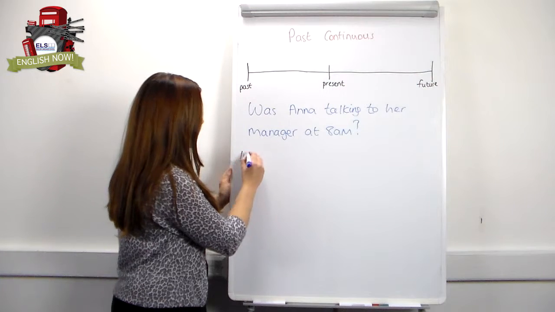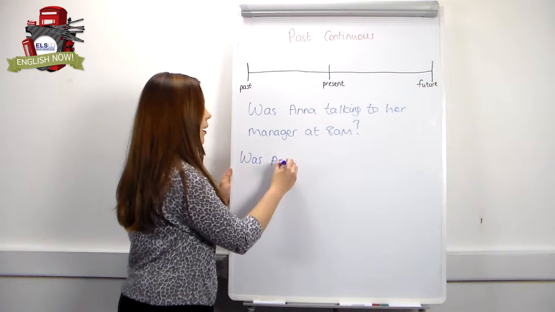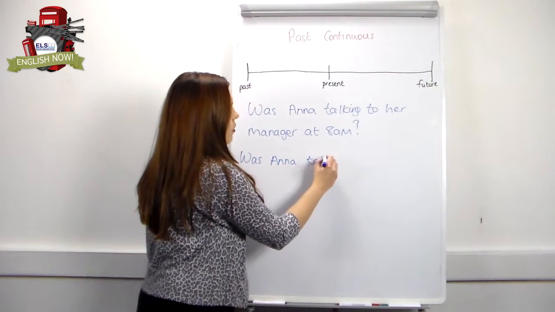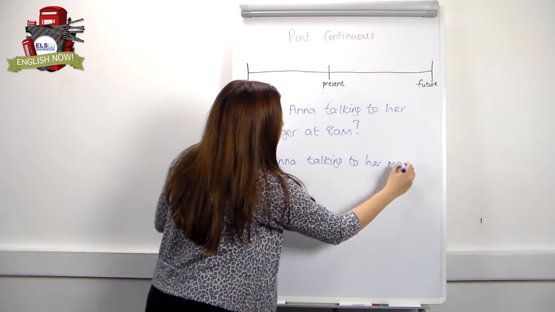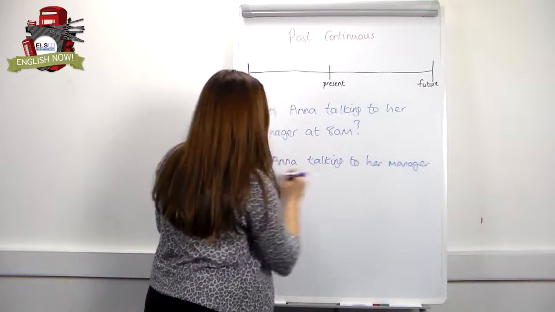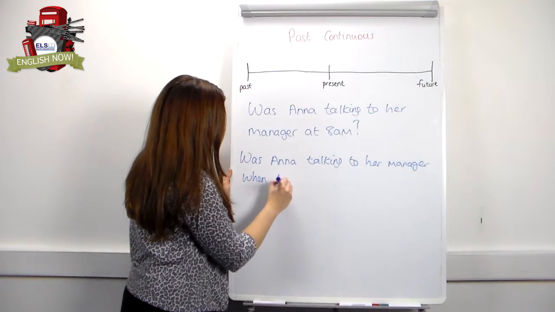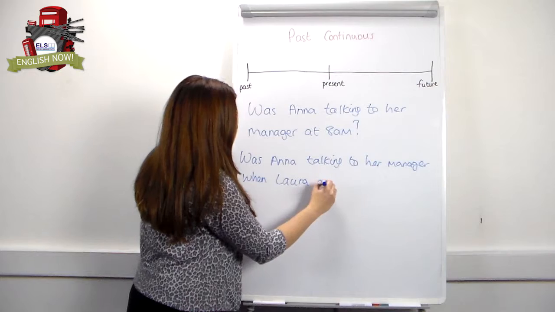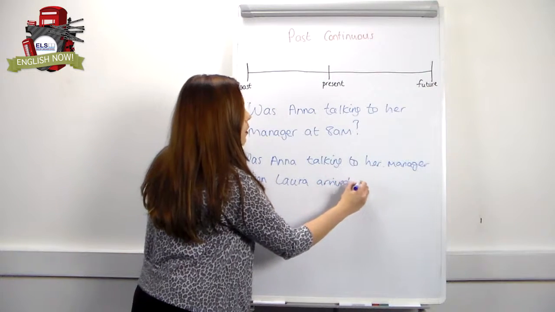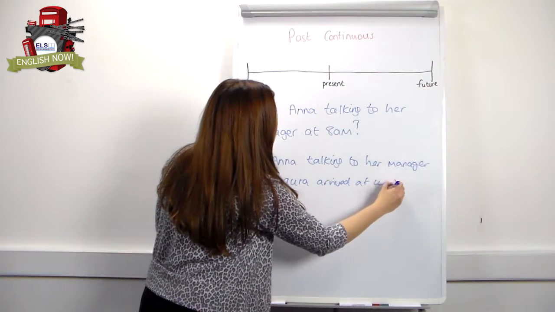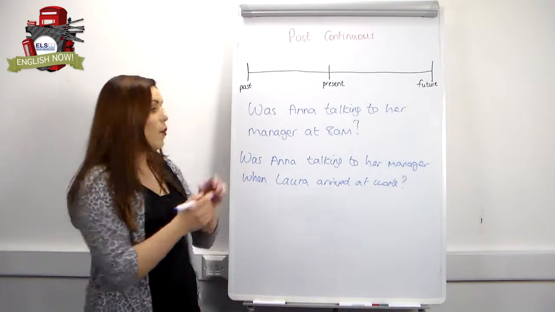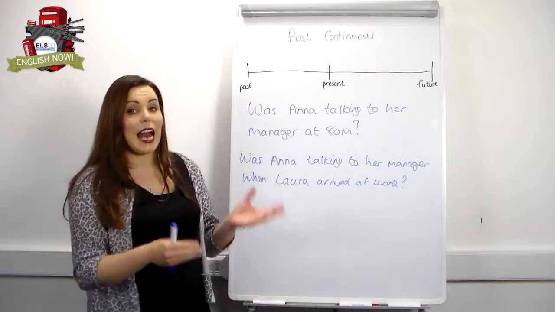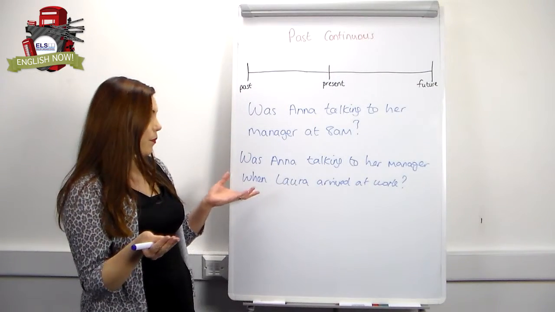And the second type, was Anna talking to her manager when Laura arrived at work? We're only asking the question about the first action, which is Anna talking to her manager.